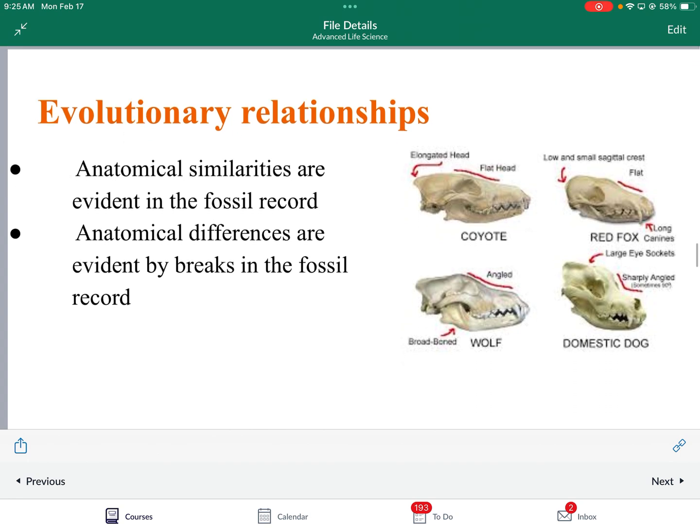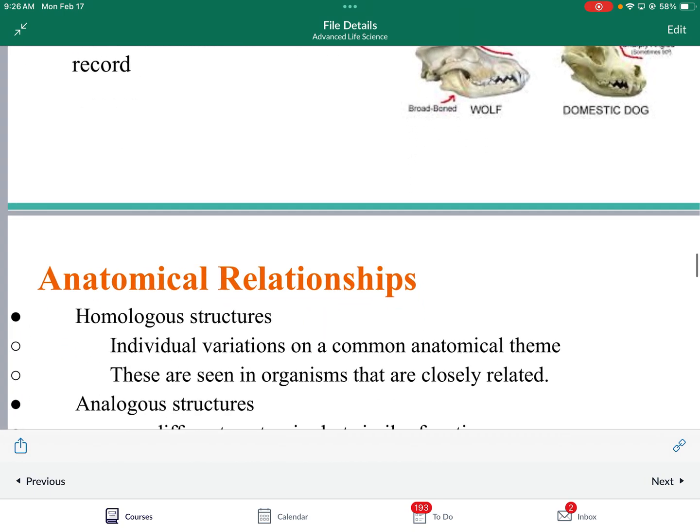So evolutionary relationships is when we're looking at similarities like we did with the horse. Now we're looking at the different types of dog relatives, analyzing the different shapes, seeing those similarities, and how they might have evolved simultaneously, but in different ways for different environments, different prey.